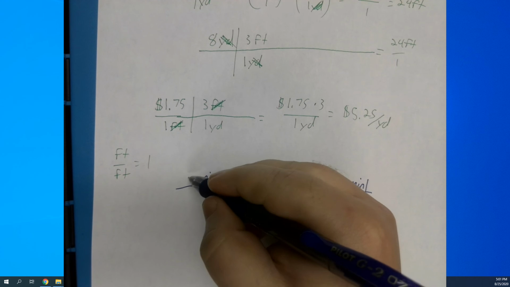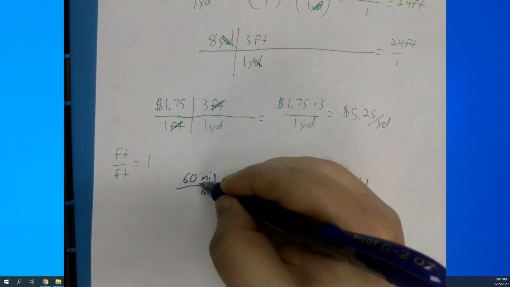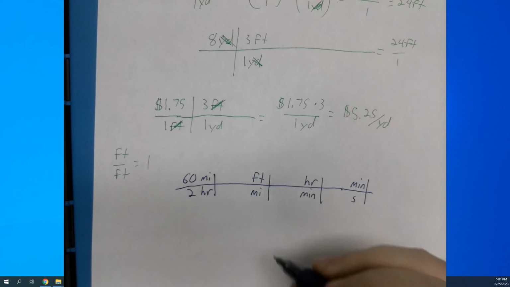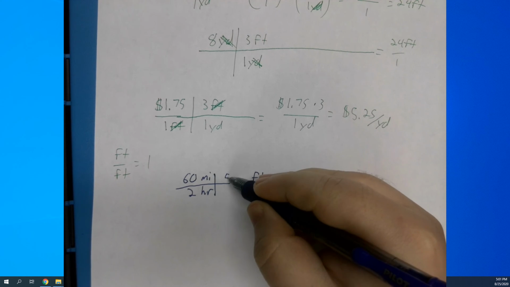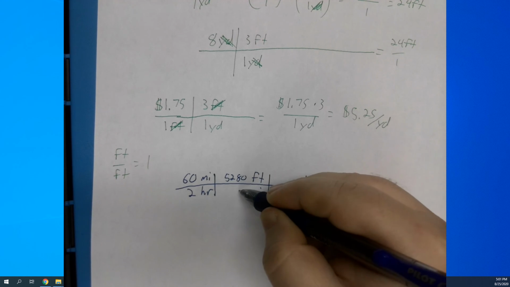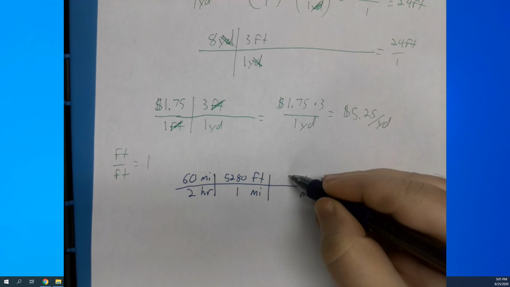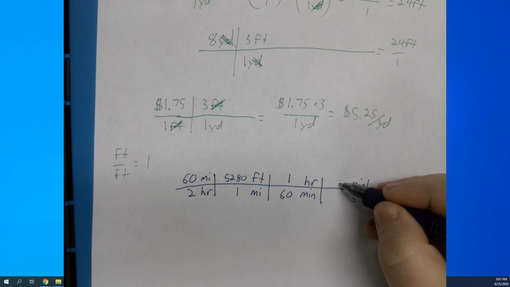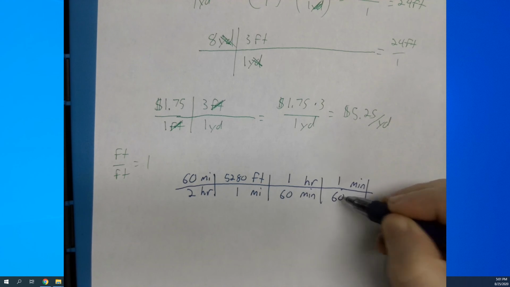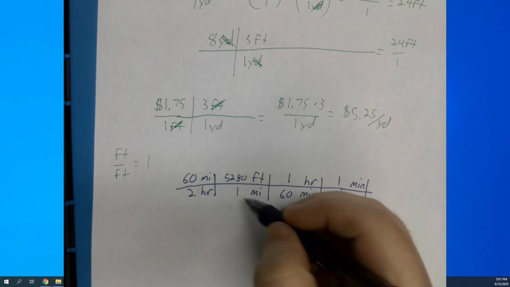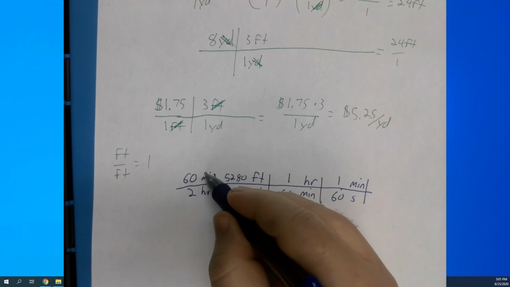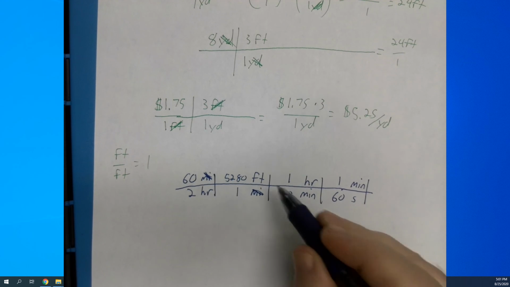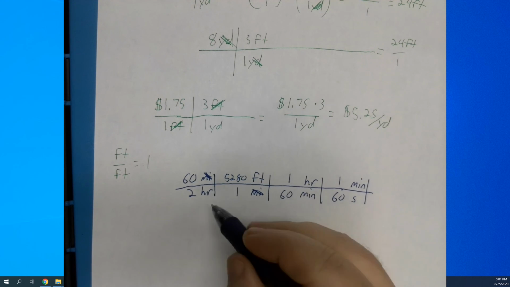Now you can plug numbers in. It told you it's 60 miles for 2 hours. There are 5,280 feet in 1 mile. There is 1 hour for 60 minutes. And there is 1 minute for 60 seconds. Double check that everything canceled out. So miles and miles will cancel out. Feet stays.